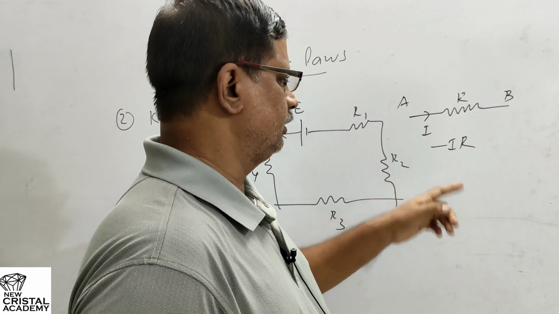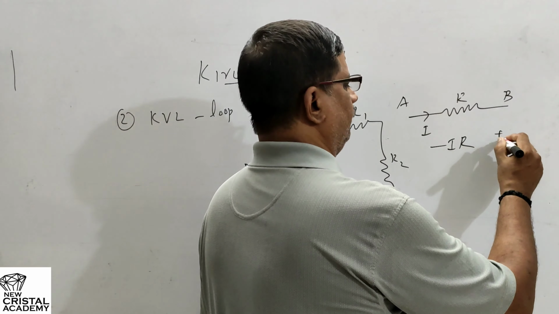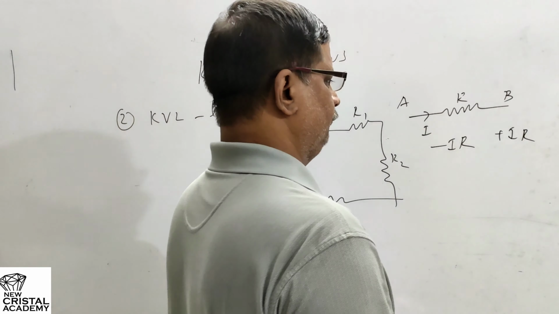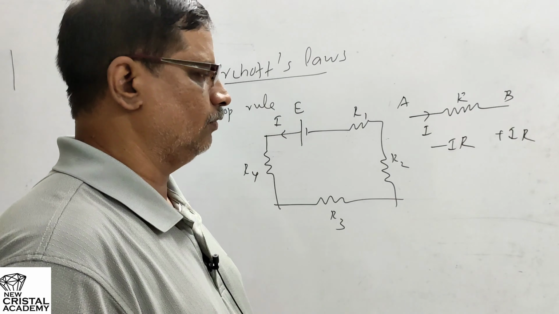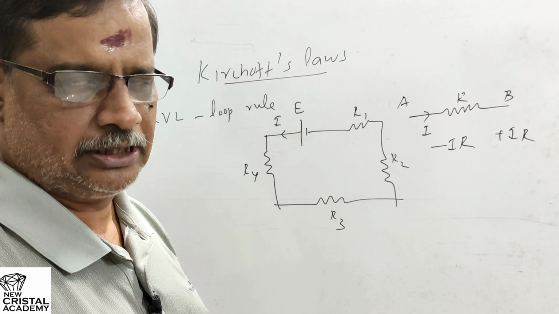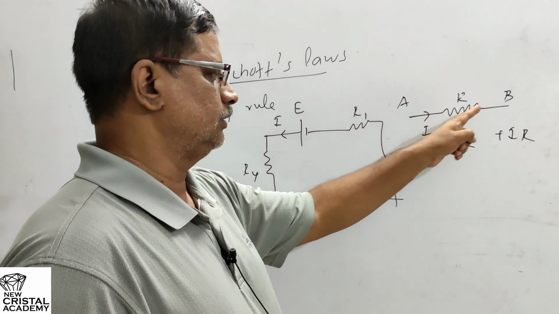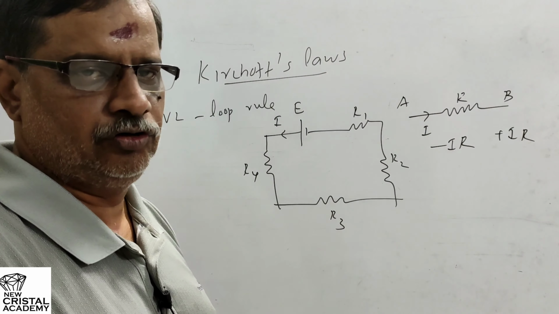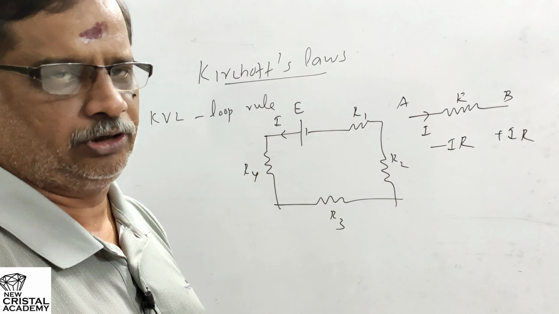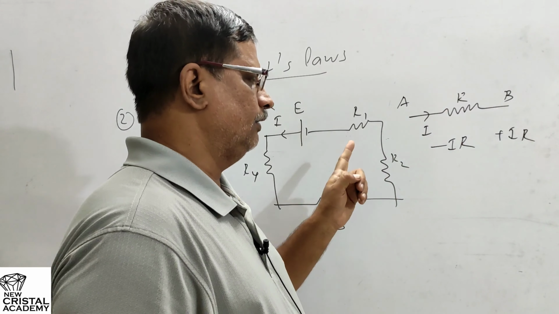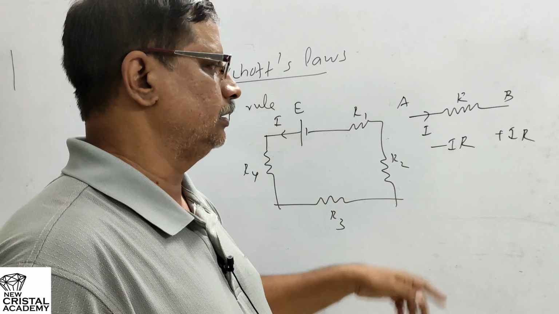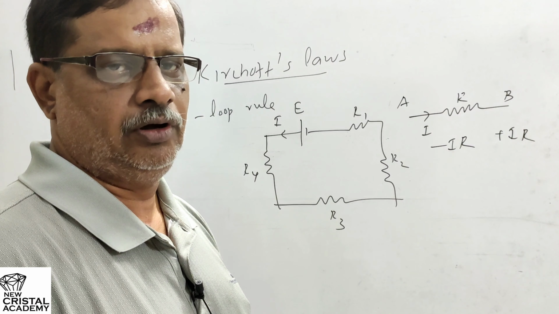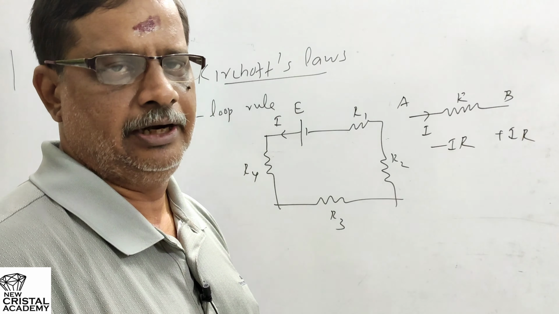That will be represented by another symbol, plus IR. So if you walk through a resistor in the same direction as that of the current flow, the product of current and resistance is negative because you are traveling in the direction of decreasing potential. If you are traveling in the opposite direction of the current flow through a resistor, the product of current and resistance should be positive because you are traveling in the direction of increasing potential.